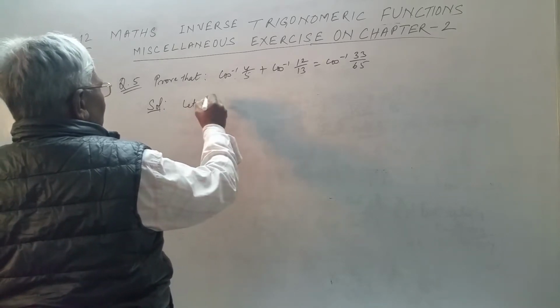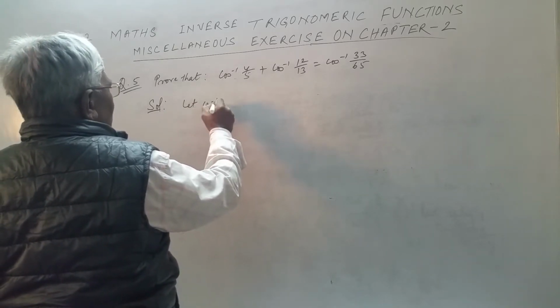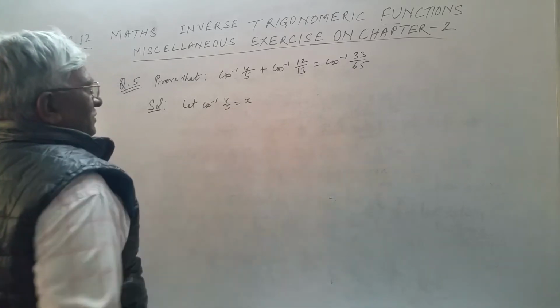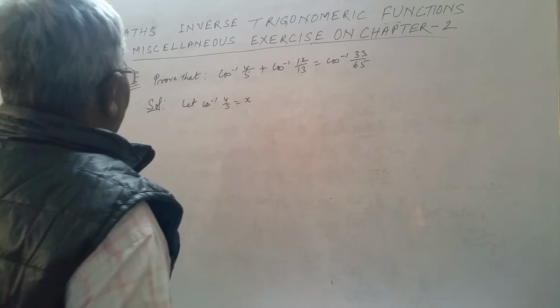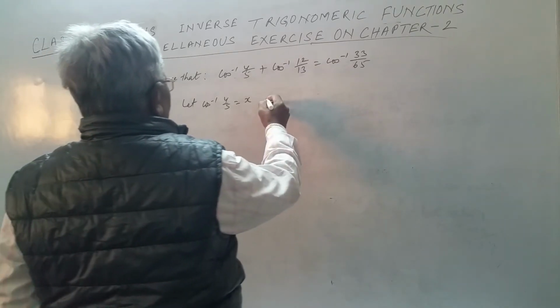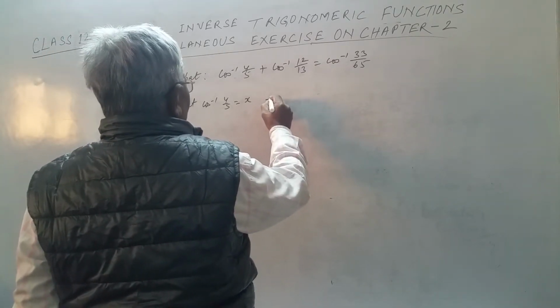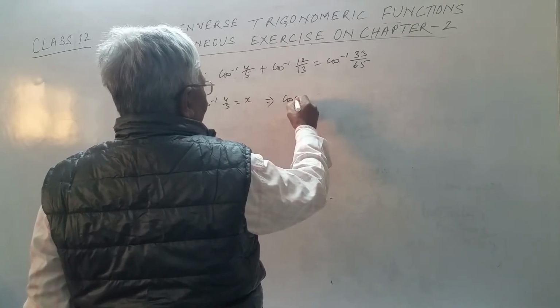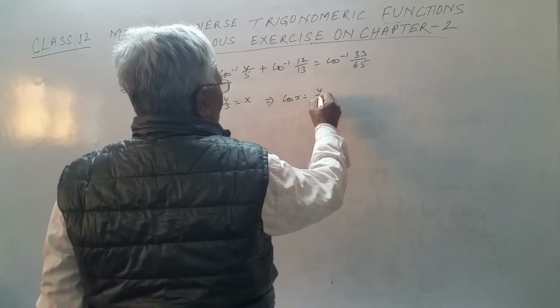Let cos inverse 4 upon 5 is equal to x. Okay. Then cos x is equal to 4 upon 5.